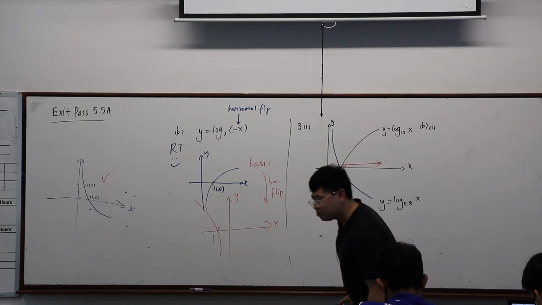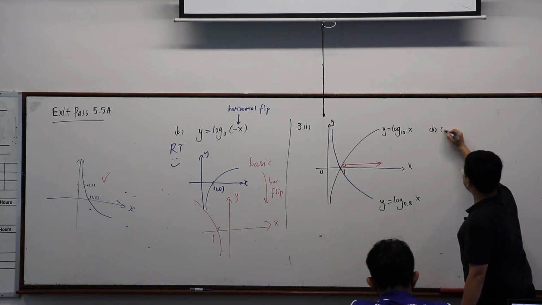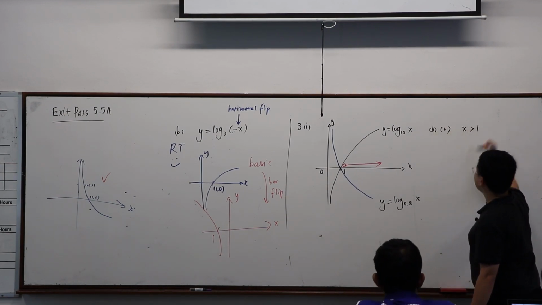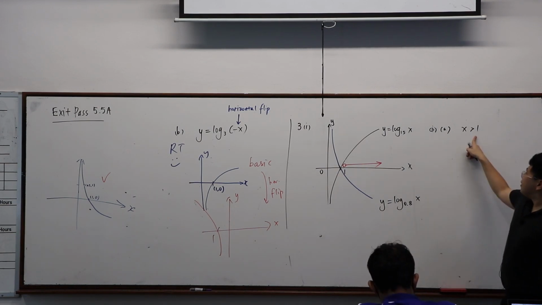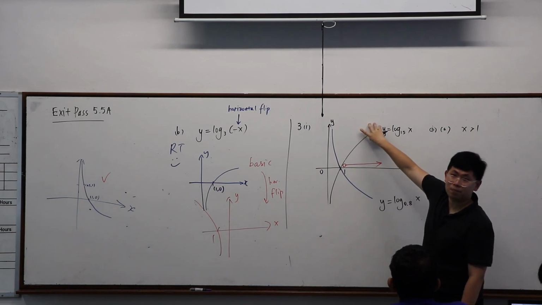So my answer for the first one is x is more than 1. When x is more than 1, I get the graph which is more than 0.